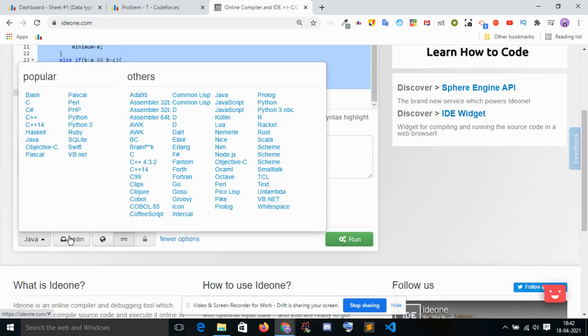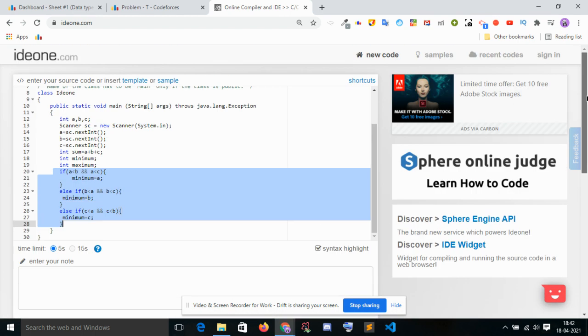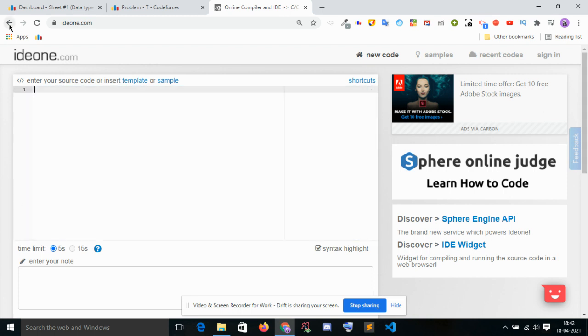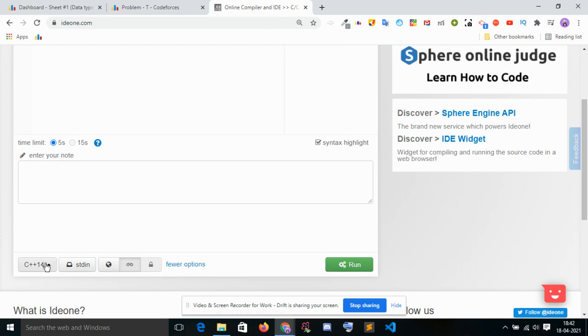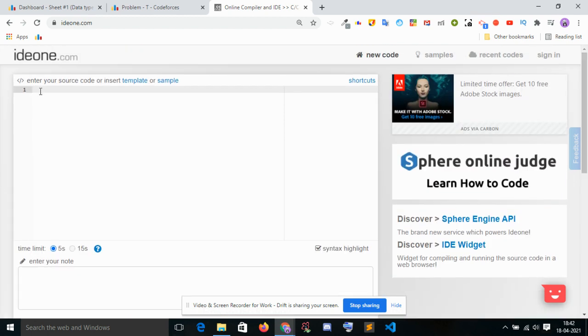Or we can do it similarly; I will do it in C++. In C++ you do not need to worry about anything. Include bits/stdc++.h, using namespace std, int main.